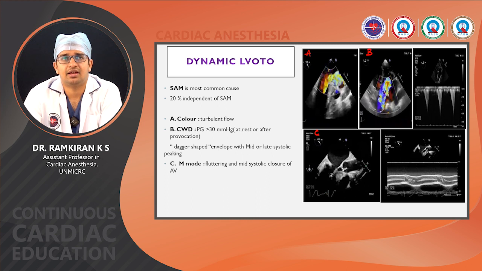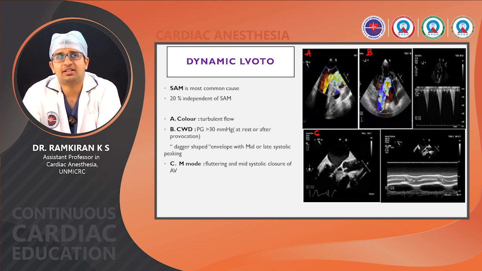So that is important. And then if you put the color Doppler in the transgastric long axis view, then you can see the pressure gradient. The pressure gradient will be measured in the continuous wave Doppler. If the pressure gradient is more than 30 mm Hg at rest or after provocation, it is significant.